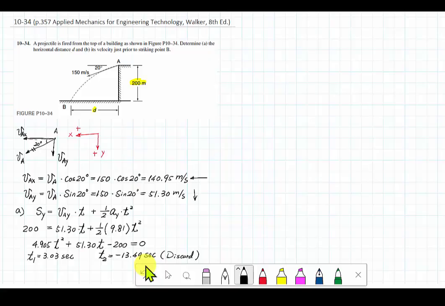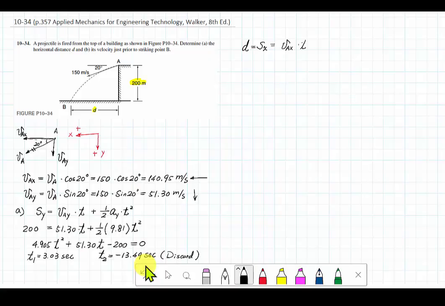So therefore, let's continue with part A of this question. We're looking for the distance d. The distance d is actually the displacement in the x direction, and we can use VAX, which is the constant velocity, times the time.